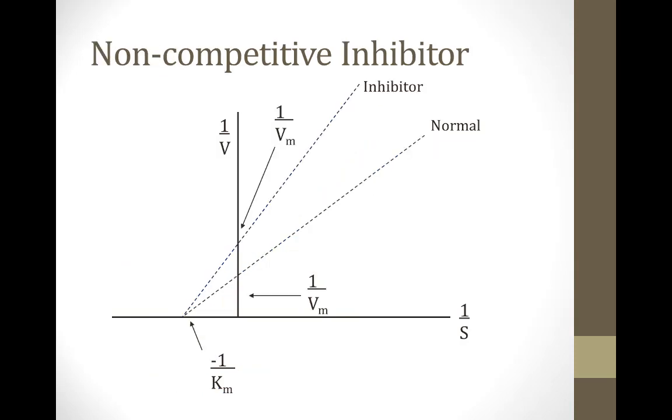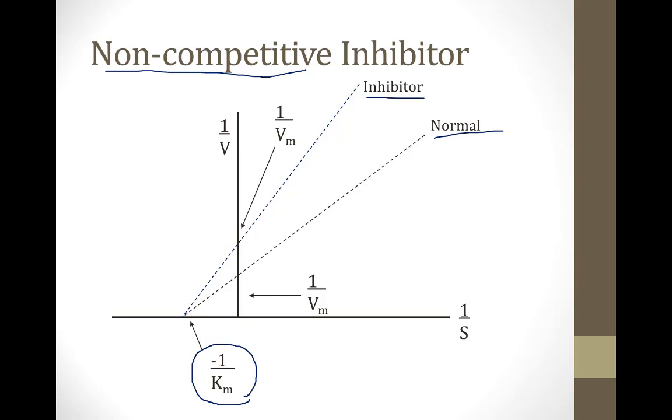Now let's talk about what happens to the Lineweaver-Burk plot when you add a non-competitive inhibitor. So once again, it's easy to recognize the inhibited line if you remember which variables stay the same. So Km does not change when you add a non-competitive inhibitor. So the point where the two lines cross the x-axis will be the same. Minus 1 over Km will be the same whether you're talking about a normal system or a system with a non-competitive inhibitor.